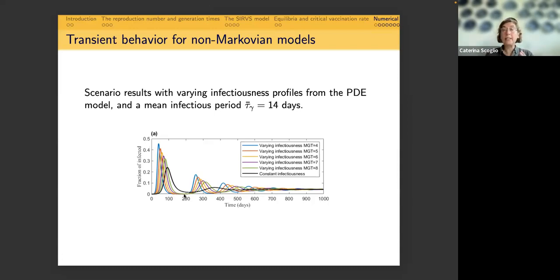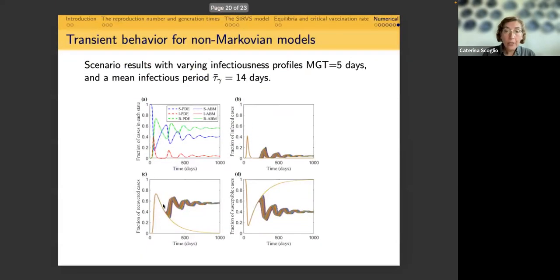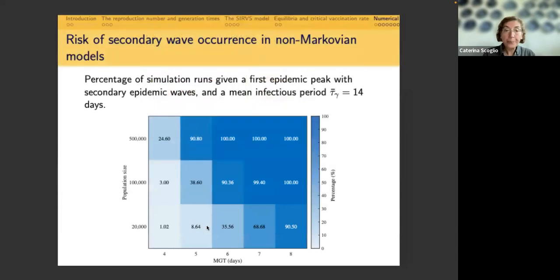When the fraction is very, very small on the stochastic side, it can happen that the epidemic will die out after the first peak. So we have this phenomenon that the epidemic goes to 0 at that point.